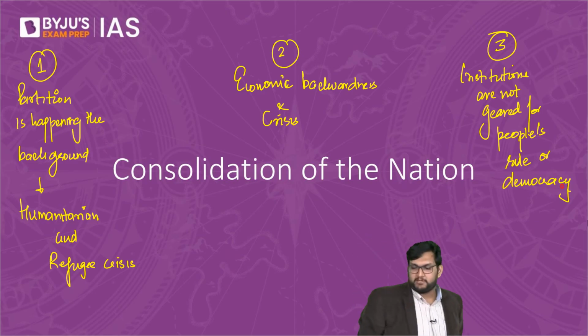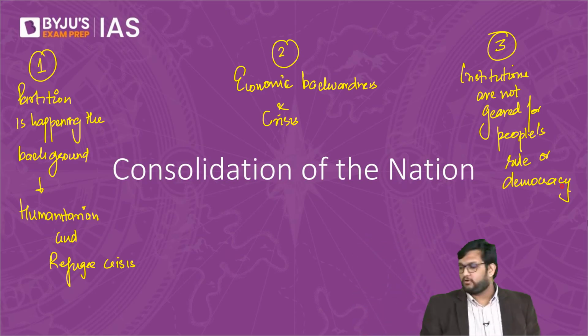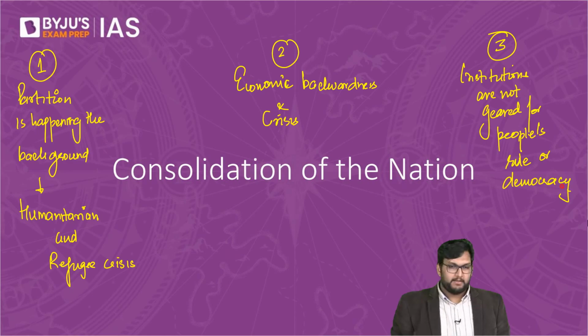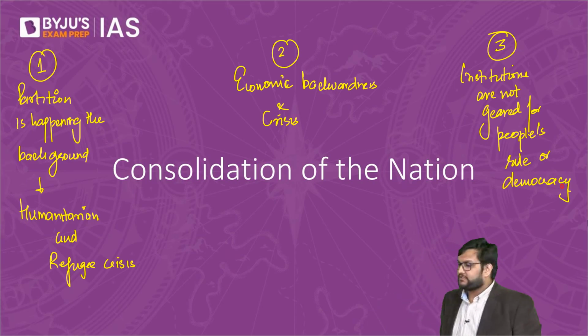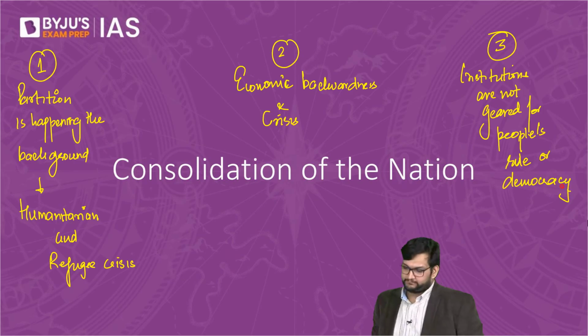You can say collapsed economy, destroyed economy, whatever economy you want to call it. Now, if we are clear about these three, please need to tell me. Then I do the most important discussion we have to have today, which is integration of princely states.